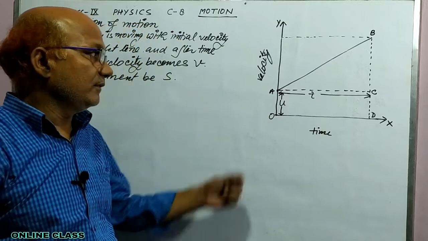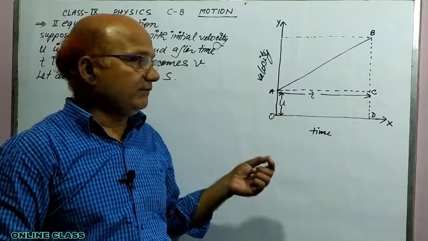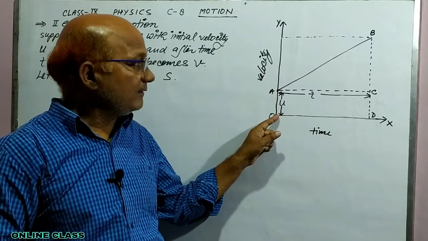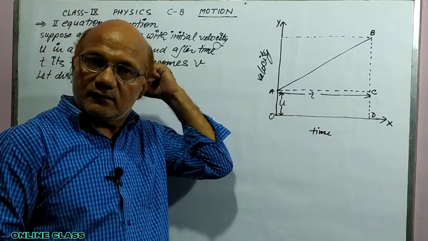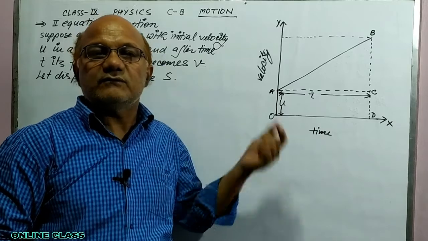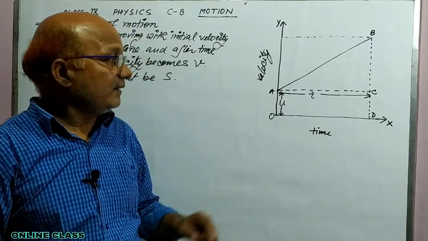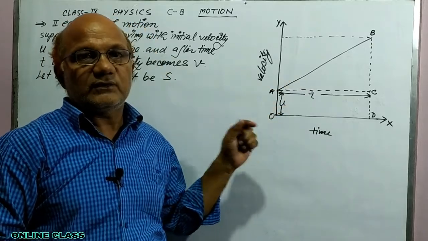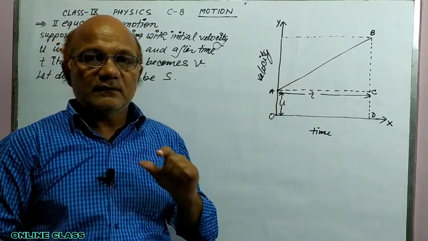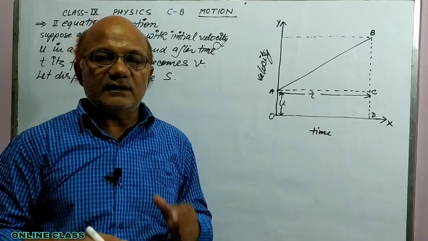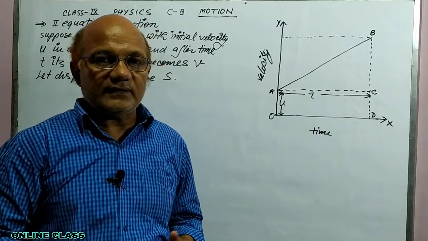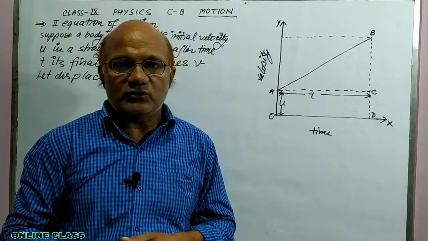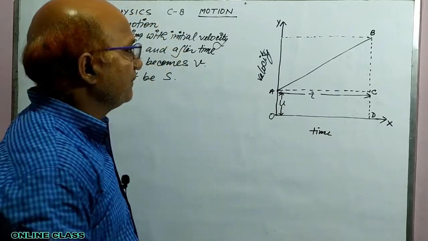Actually, if the velocity time graph starts from origin, then it means it is starting from rest. Okay. But you can see this graph does not start from origin, it means the body has some initial velocity, or you can say the body is moving with some initial velocity which is not 0. Okay.